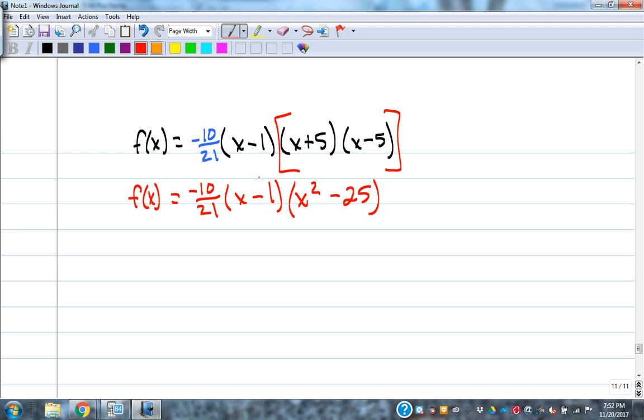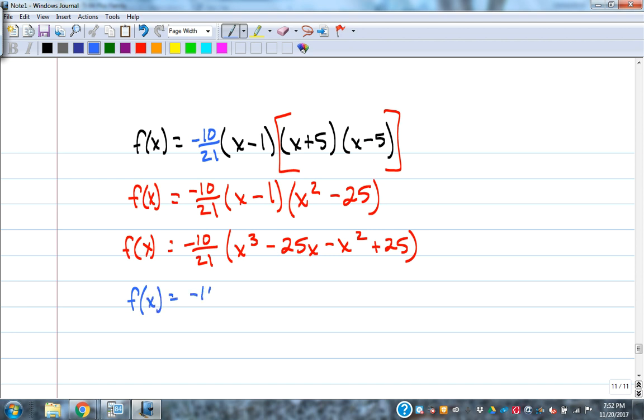And then I'm going to multiply this x minus 1 to that thing. So x times x squared is x cubed. X times -25 is -25x minus x squared plus 25. Still not done. Gotta rearrange. X cubed minus x squared minus 25x plus 25.